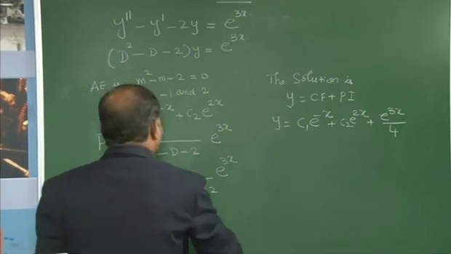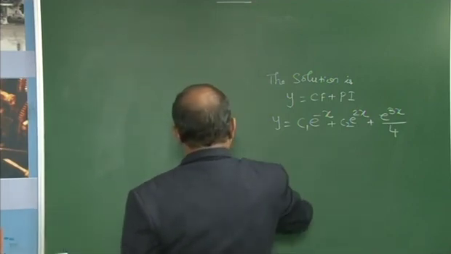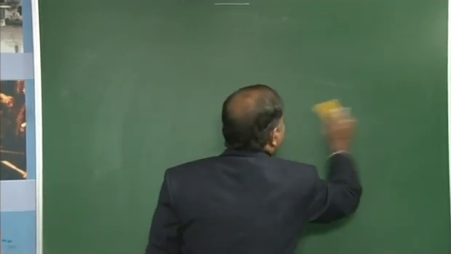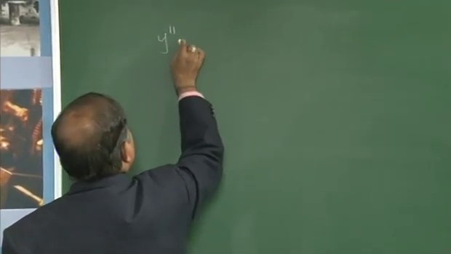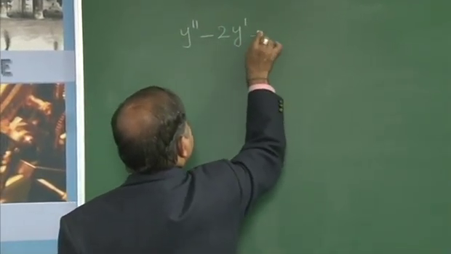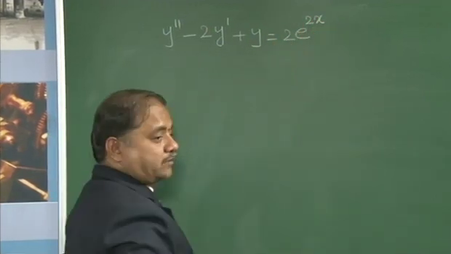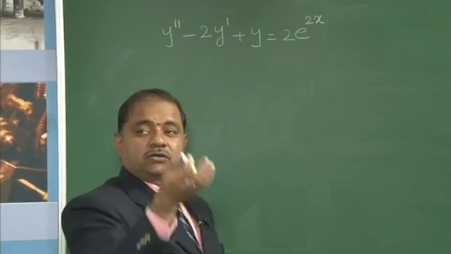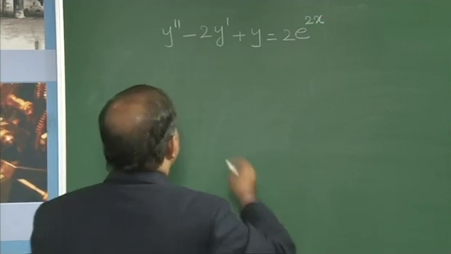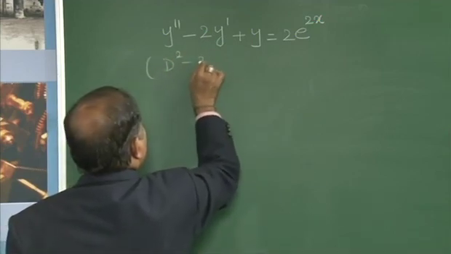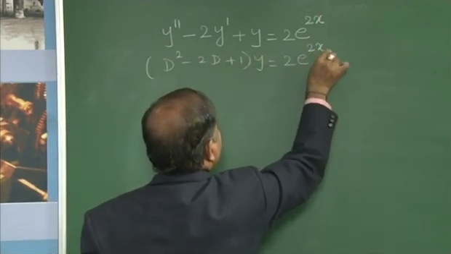Same way, I am showing you 3 examples as usual: unequal roots, equal roots, complex roots. Now what we have seen is unequal roots. Suppose I have y double dash minus 2y dash plus y equals 2 e power 2x. The k e power ax need not be the same. We just take (D square minus 2D plus 1) y equals 2 e power 2x.